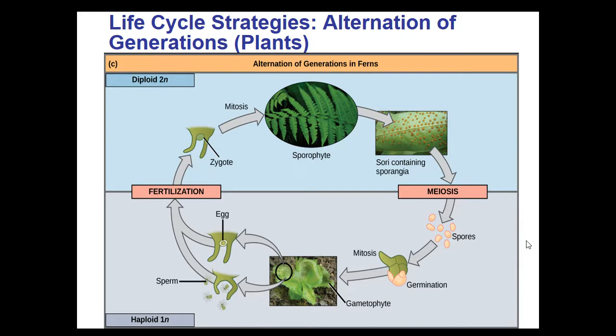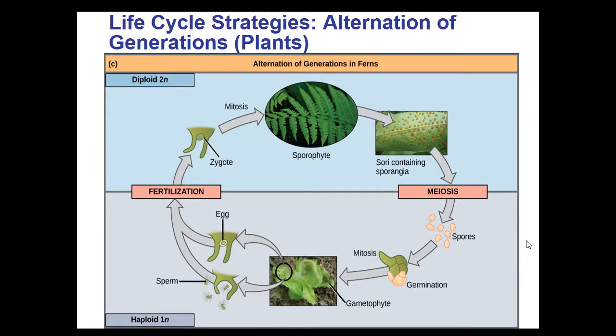But in a flowering plant, like a daisy plant or a maple tree, the plant that you see is the diploid sporophyte. They're the large plant that you see, but in those flowering plants, this haploid gametophyte generation is microscopically small.